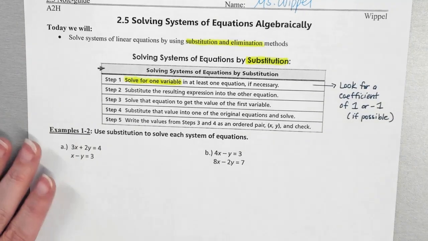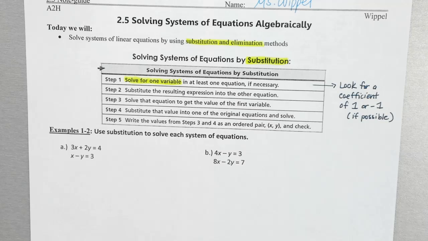Sometimes there might not be that and you're just going to have to decide. But generally, when you use substitution, it's beneficial when you have the 1 and the -1. Because if you don't have 1 and -1, a lot of times we go to elimination.